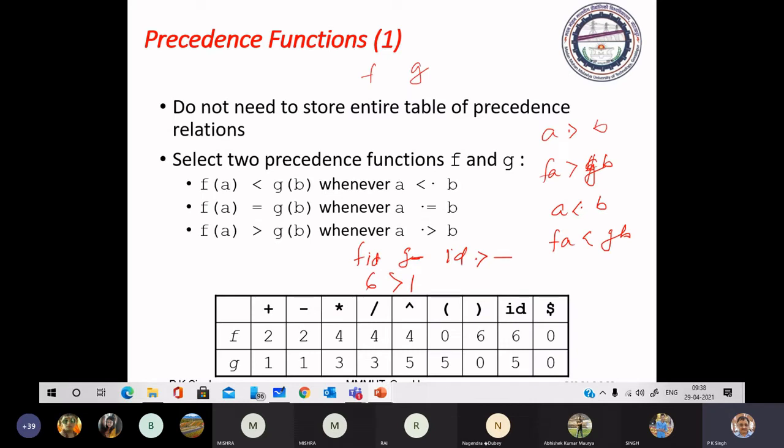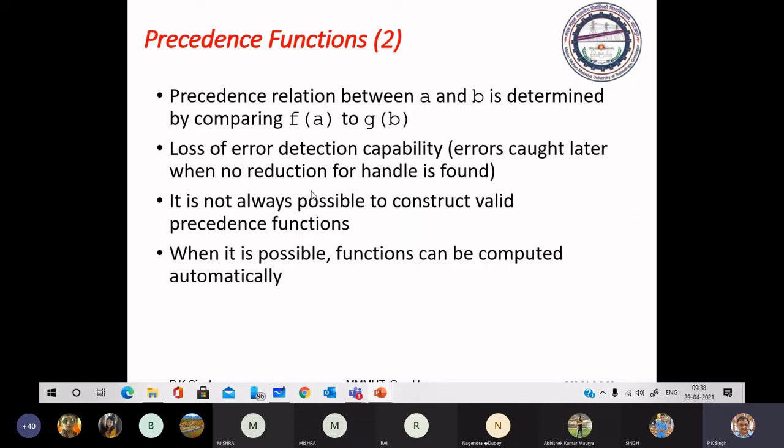Now the next question is how to compute this table. To compute this table, we first have to find out the f and g functions.